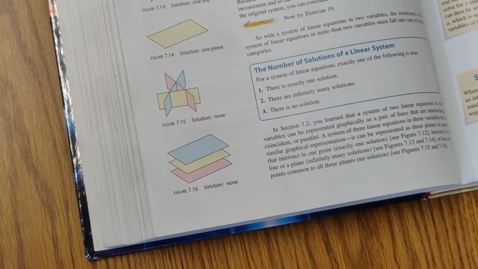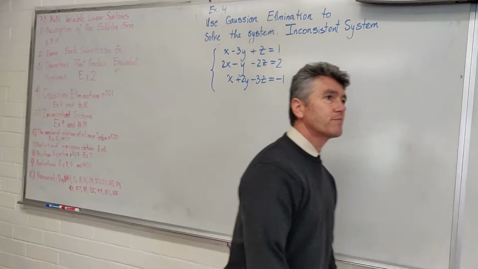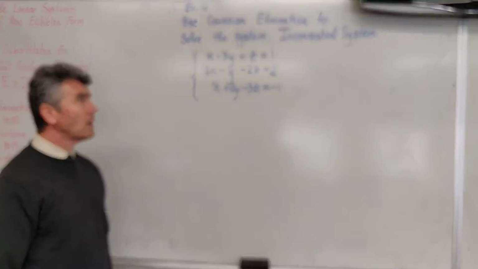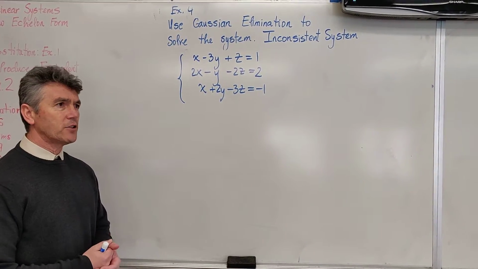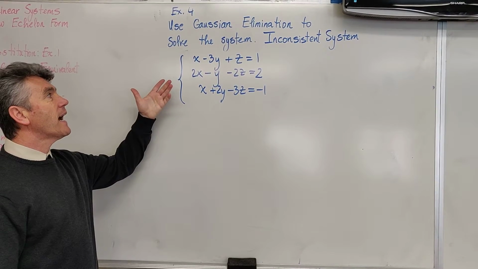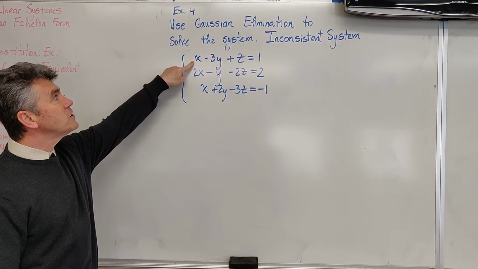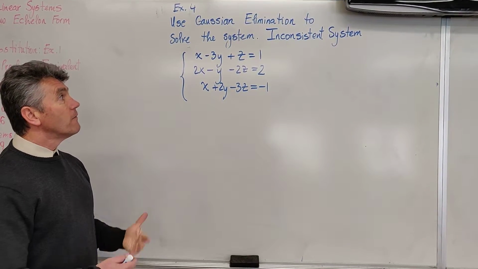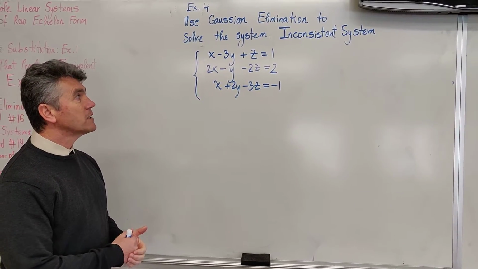What we're going to do right now is take a look at example 4, which illustrates an inconsistent system of equations. We're still going to use Gaussian elimination. We're going to take a look at the top row, and we're going to be really happy. Why are we happy? The coefficient of x is just 1. So, first goal is achieved. What's our next goal?